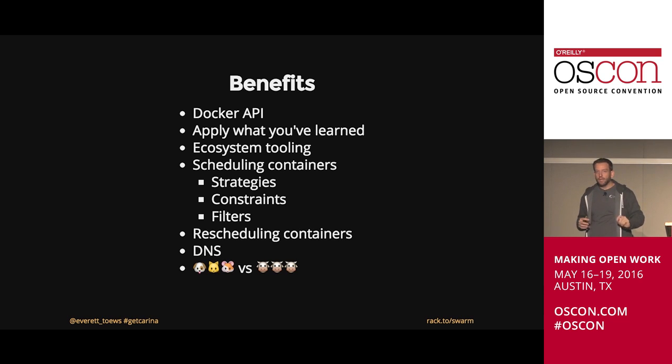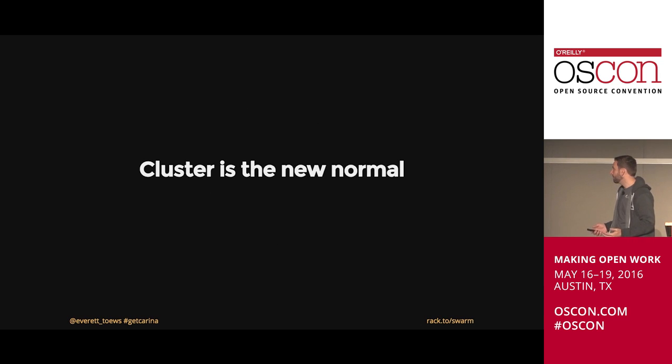That's one of the definitions of a pet: caring where things go. As we move into Swarm and clustering technologies, we care less and less about that sort of thing in our environments. So I think it's fair to say at this point, cluster is the new normal.